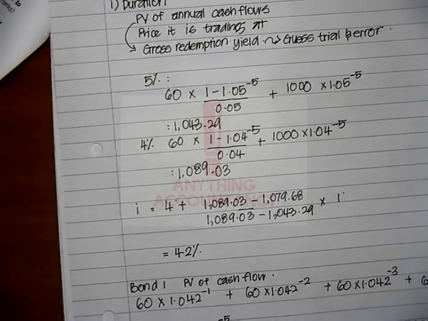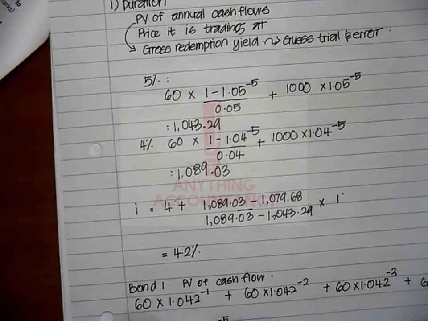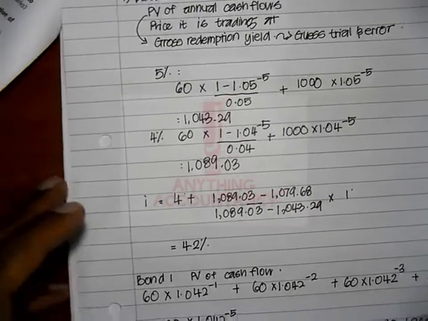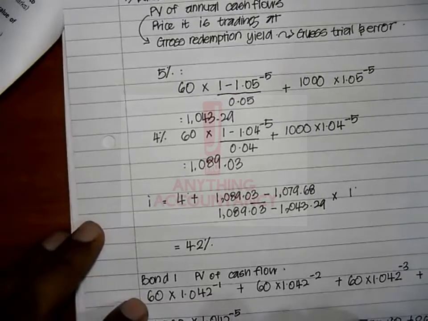That should give you a total of 1079.68. So that's correct valuation, you just matched it. Okay, that's the gross redemption yield, which is the same as the market price, isn't it?